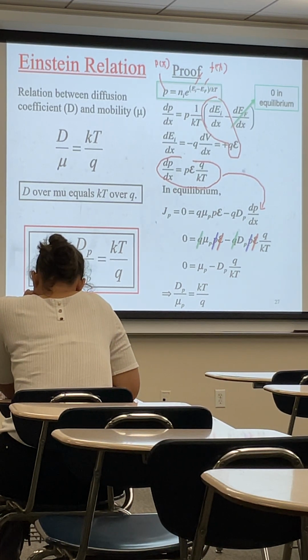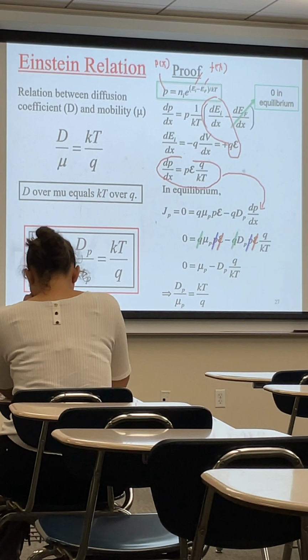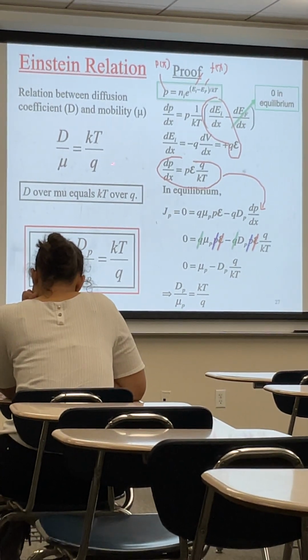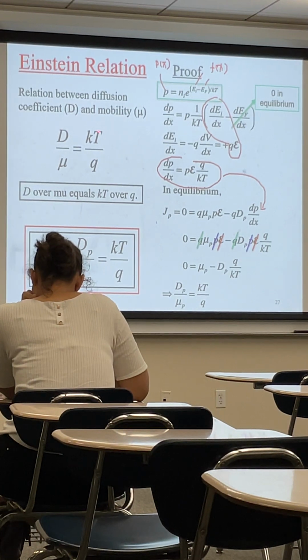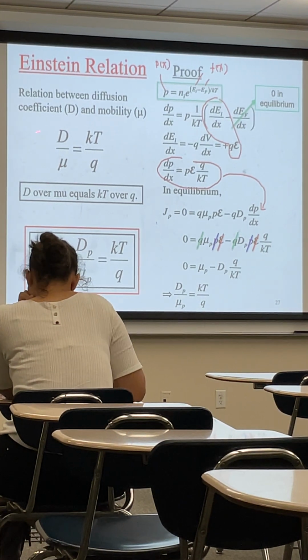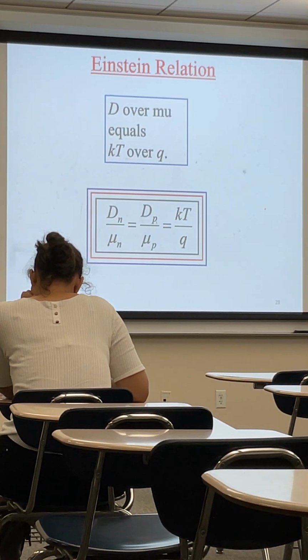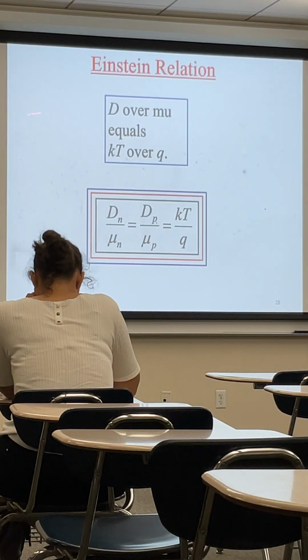Okay, so this is how you derive the Einstein relation. Of course, I will not ask you to derive this equation during the quiz or the final exam. You just need to know the meaning of this relationship, and you should know how to use it.